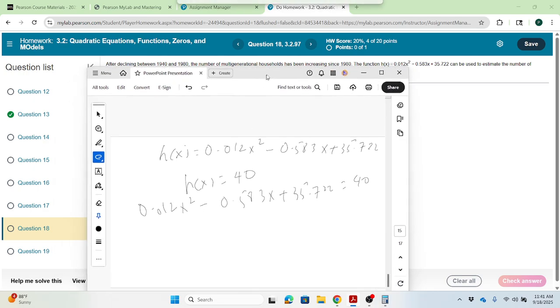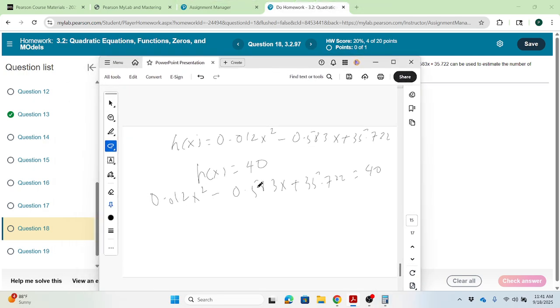To make it easy, I'm going to multiply both sides by 1000, because after the decimal there are three digits, so there will be no more decimals. That becomes 12x squared minus 583x plus 35,722 equals 40,000.